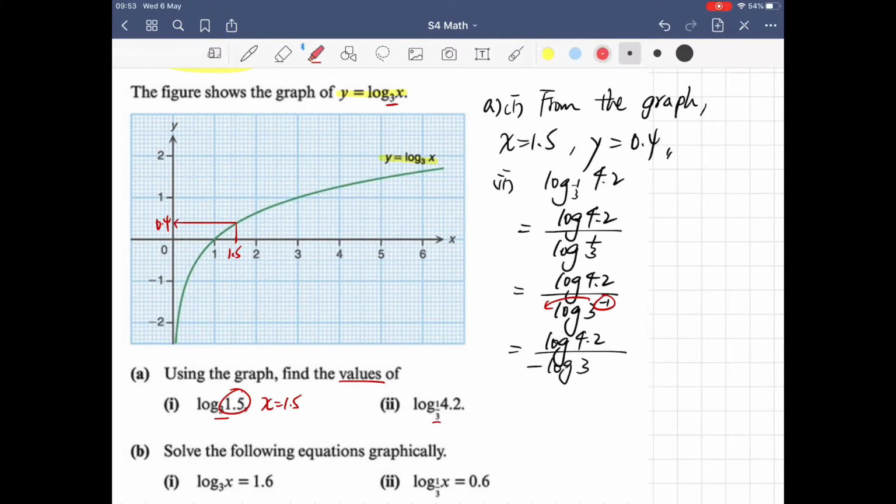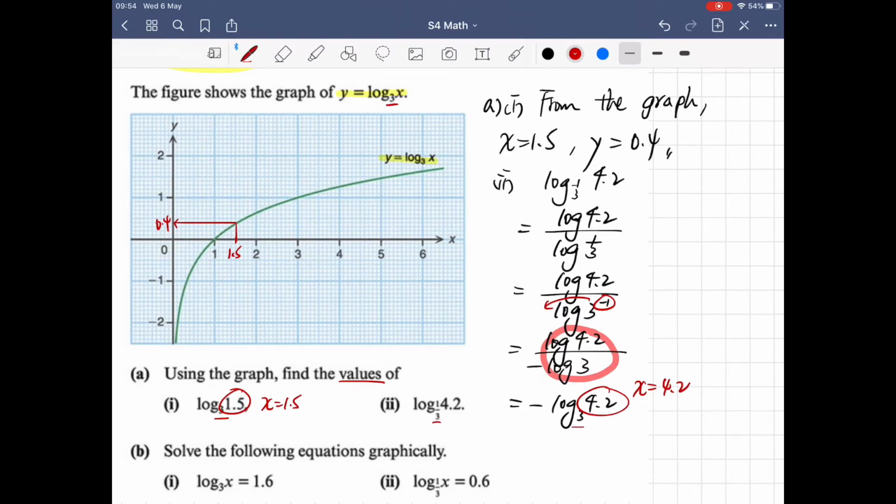And afterwards, I will combine log 4.2 over log 3 again, so that we have negative log 4.2 with base 3. So now, the base used is 3, the same as the base used in the graph. And therefore, we can make use of the 4.2, so that we have x equals 4.2.